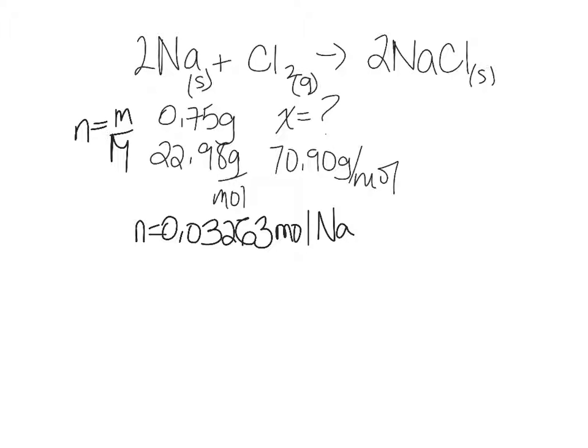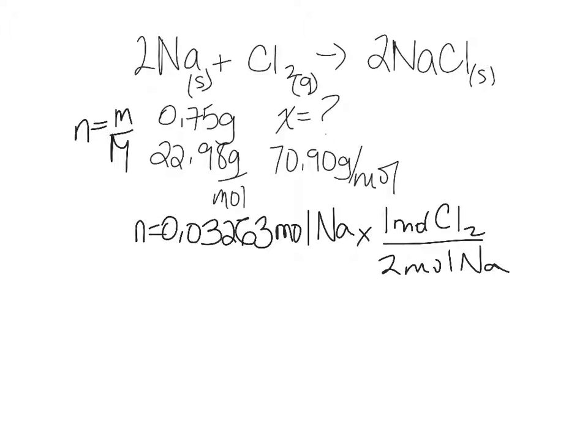We need to convert that to moles of chlorine so that we have two pieces of information about chlorine. So we use the mole ratio. For every 1 chlorine, I need 2 sodiums. Do you know where I got those 1 and the 2? Yeah, I think it's from the balanced equation. From the balanced equation.